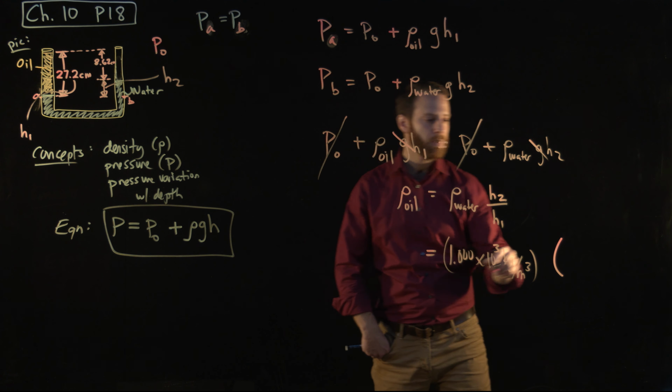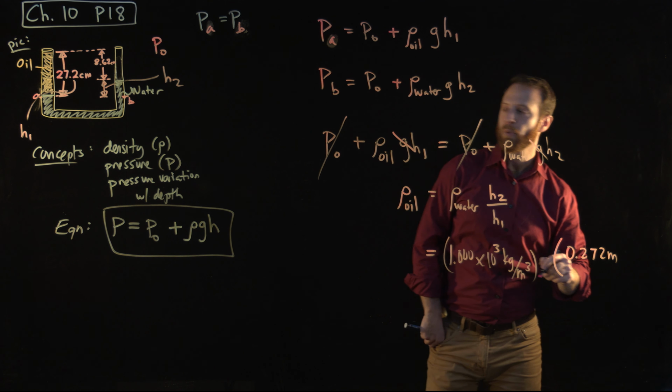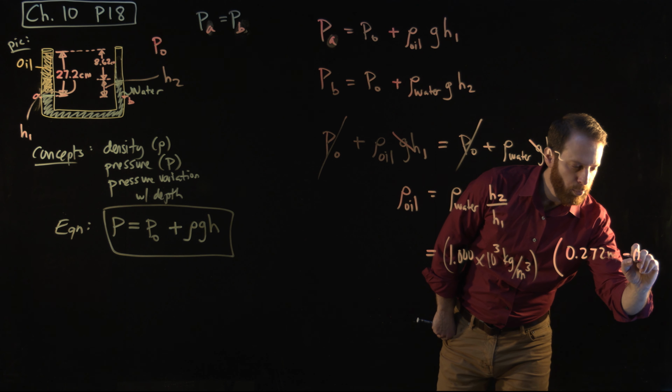So 0.272 meters, that's this full height H1, minus 8.62 centimeters, which is 0.0862 meters. Okay, that should be our H2. Check that that's true. And divide that by H1, which is 0.272 meters.